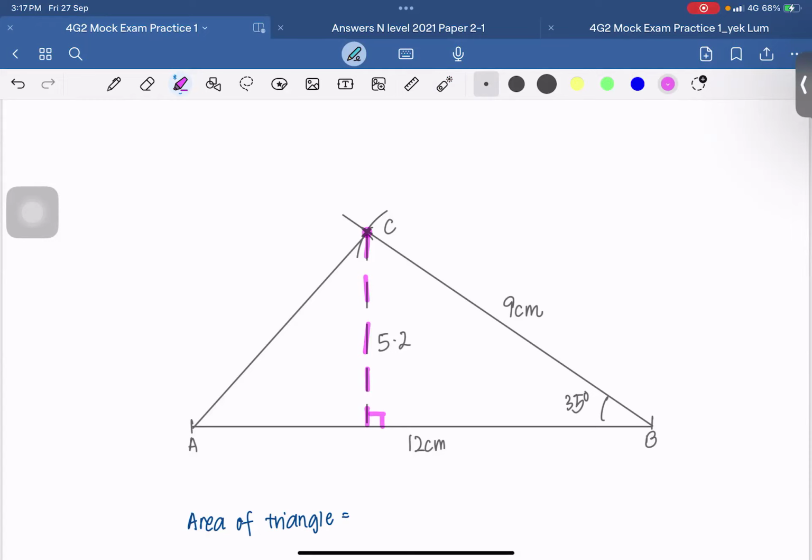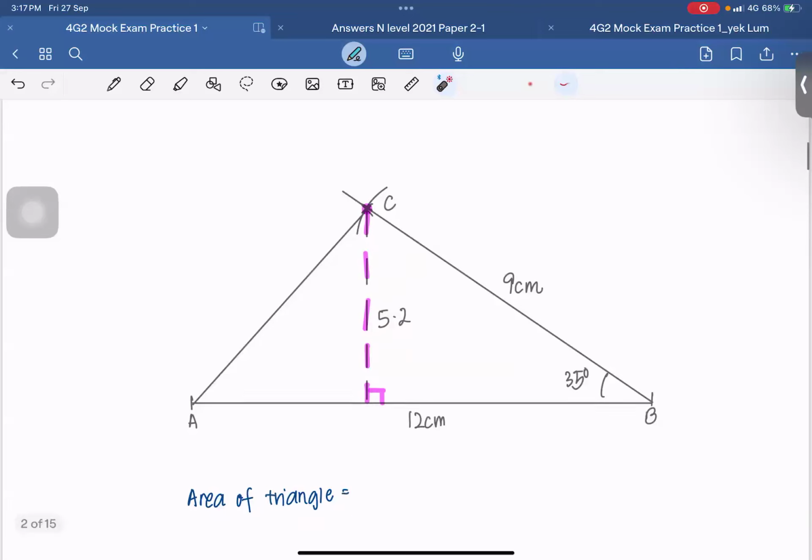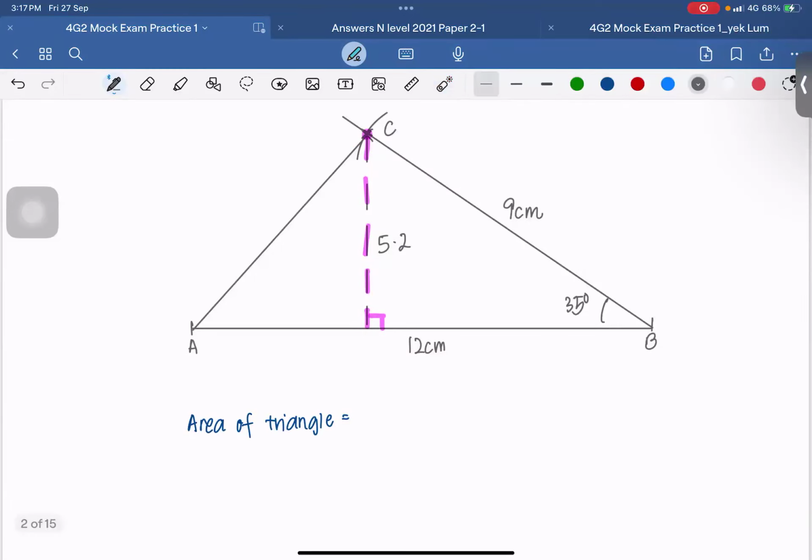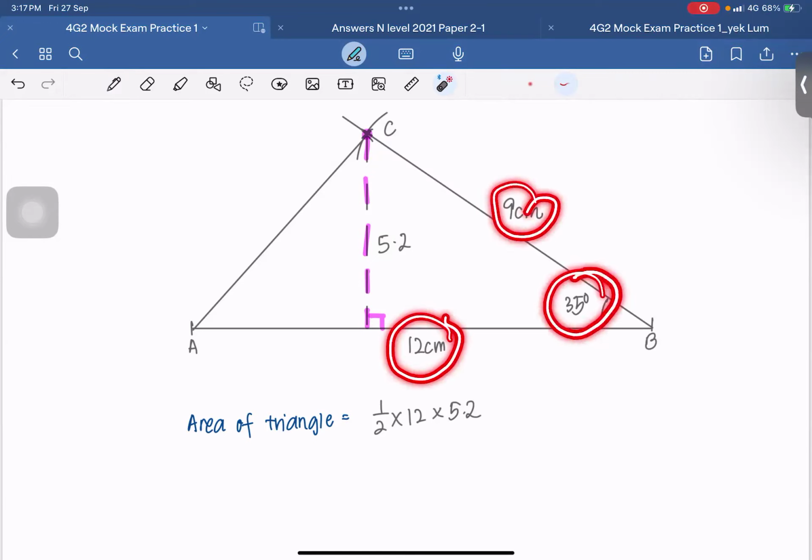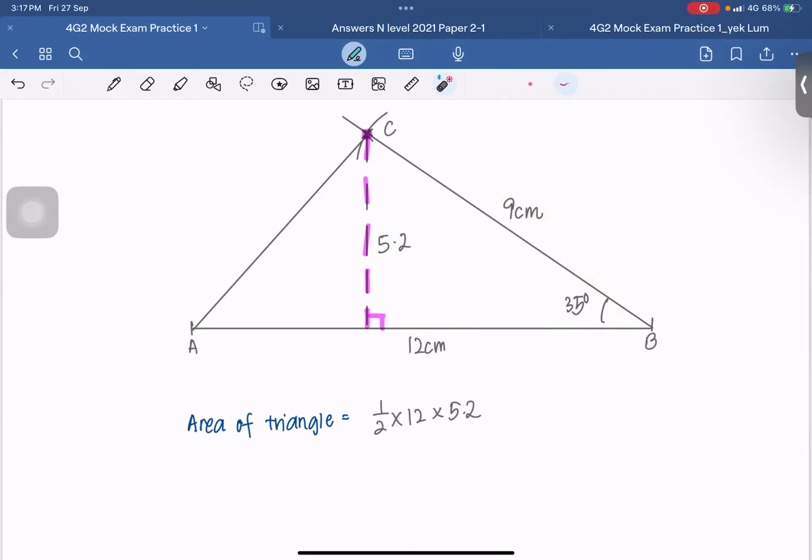So this number will be approximately 5.2 cm if you draw accurately enough. Then the area of the triangle using this method will be half times 12 times 5.2. But if the question never says so, they just say, hence calculate the area of the triangle, then you can use half AB sine C.